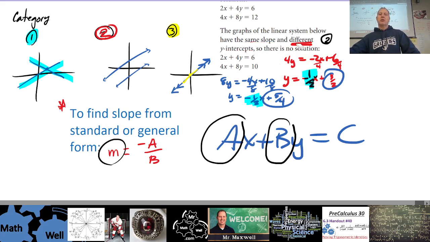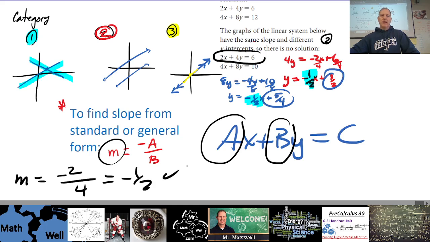You can find the slope just a little bit quicker. All right, now you still don't know what the intercept is, so you should still be changing into y equals mx plus b form. But you can check the slope. So with this one right here, let's see if this works. The slope for the first one is negative a, that's negative 2, divided by b, which is 4.